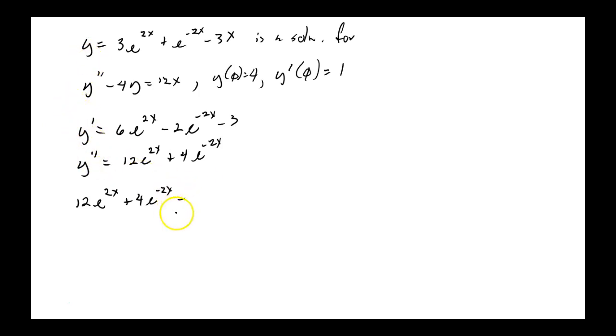So this will be minus 3e to the 2x minus e to the minus 2x minus 3x, is equal to 12x. There it is. I couldn't see it. 12x from right there. Okay.